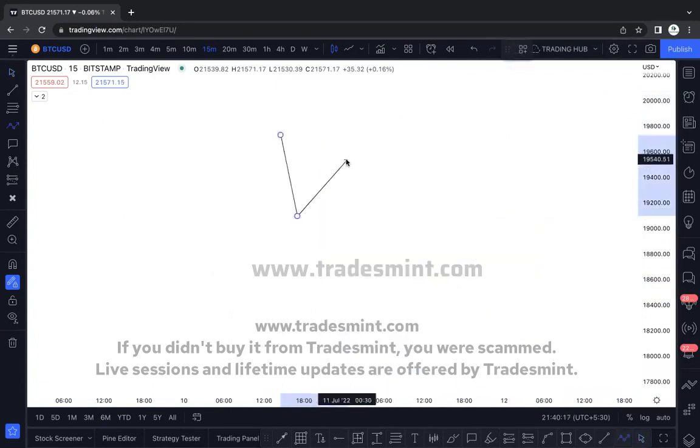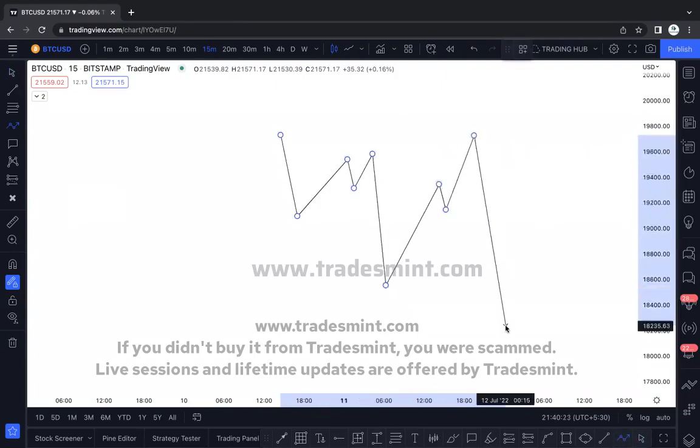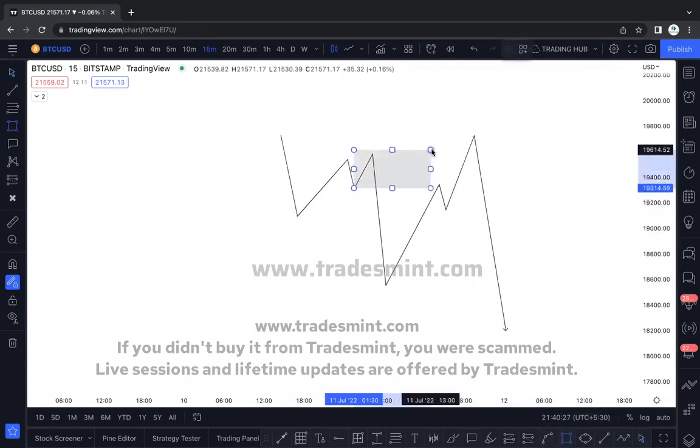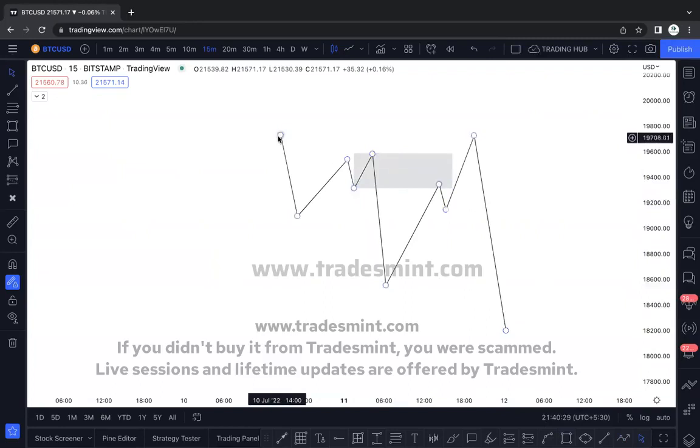For example, you are selling here, and then the market hits this stop loss and pushes downside like this. This is a lower time frame. So is the same thing happening with you, or a different story?